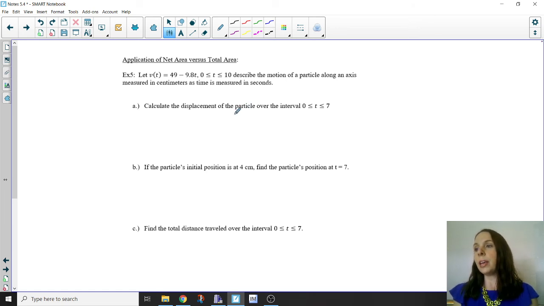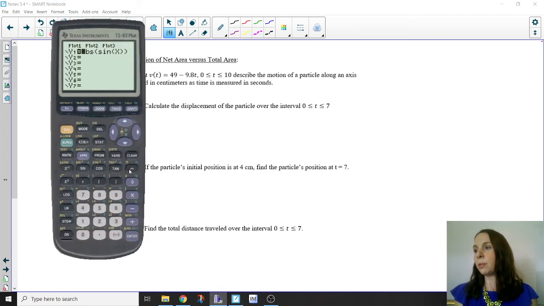Okay, so if we look at this velocity function, let's graph it. 49 minus 9.8t, it's just linear, but I'm going to go ahead and graph it. Zoom 6, and then I'll change the viewing window from there. Let's have a y max of 50, and we don't need all of that. There we go.